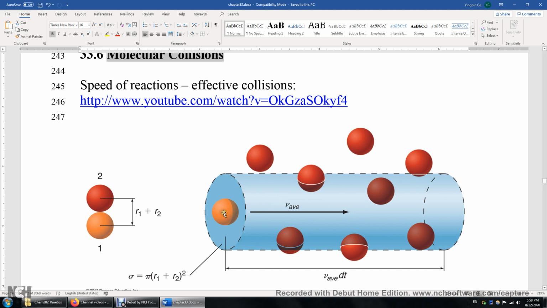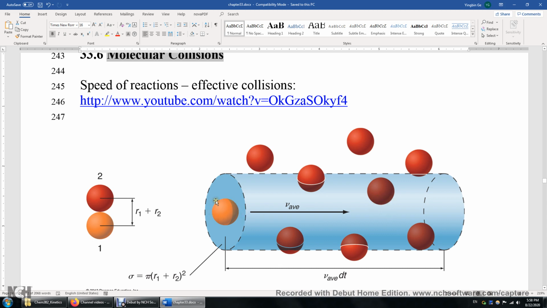I don't know. Just imagine this orange traveling to here. And then you have to imagine if there's overlap between this orange sphere, for example, when it arrives at this position with this red sphere, again, there is an overlap, then a collision will happen.